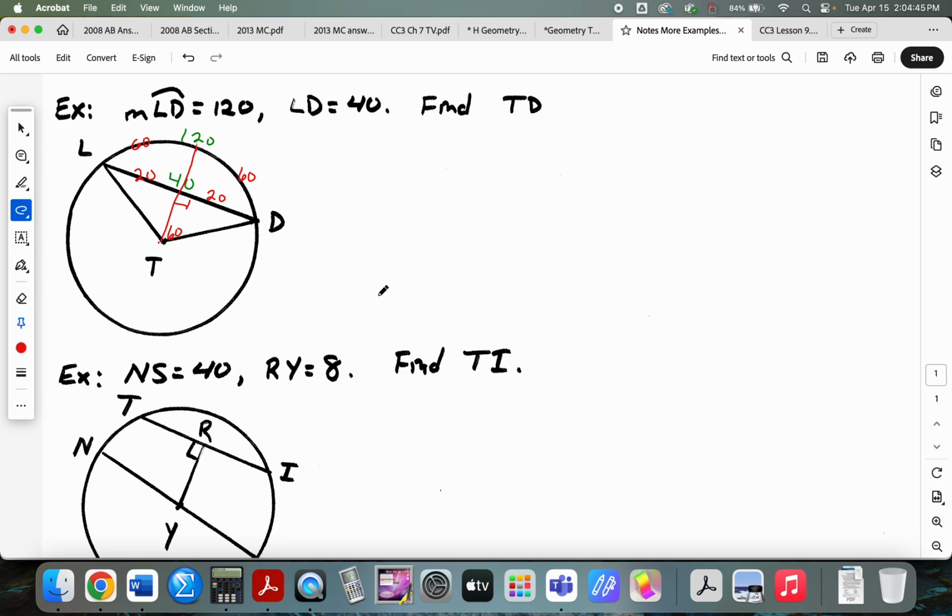We haven't done one this ugly in a while, so remember that the short leg is across from the 30-degree angle, so I'll call this S. The long leg is the short leg times the square root of 3, so that's S square roots of 3. And the hypotenuse is twice the short leg, it's 2s.